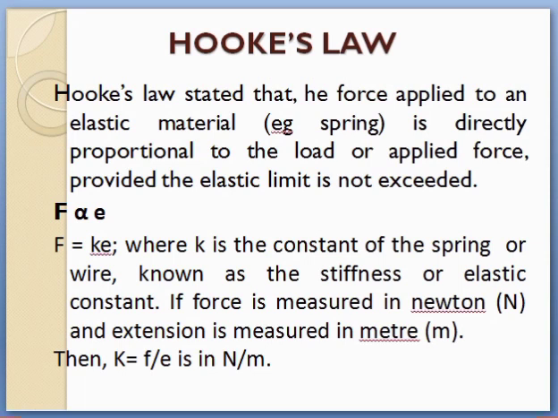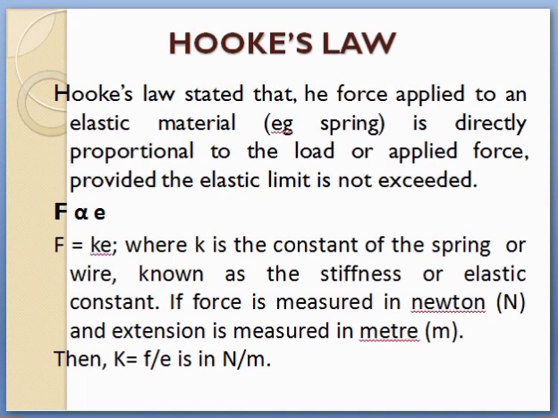Mathematically, we have F proportional to E, that is, force is proportional to extension. So by taking off the proportionality sign, we have F equals KE, where K is the constant of the spring or wire, which is known as the stiffness or elastic constant.